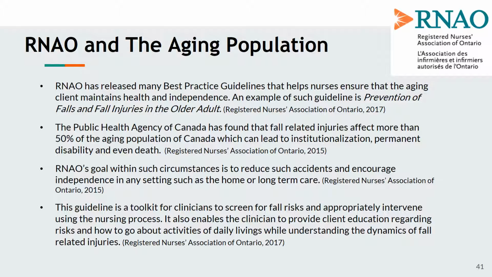The guideline is a toolkit for clinicians to screen for fall risks and appropriately intervene using the nursing process. It also enables the clinician to provide client education regarding risks and how to go about daily activities while understanding the dynamics of fall-related injuries.